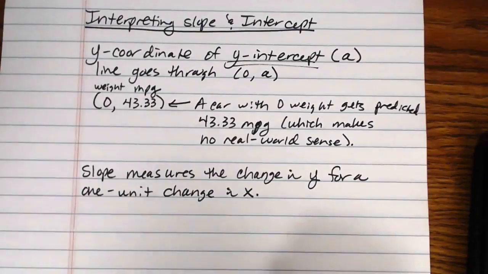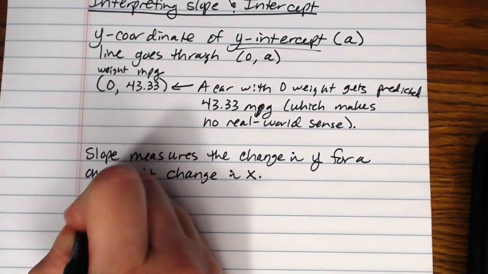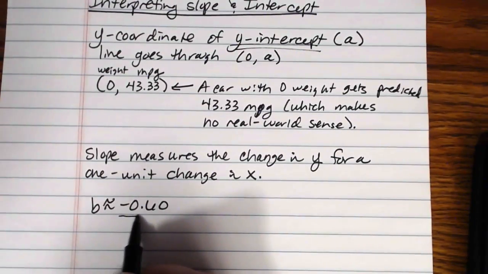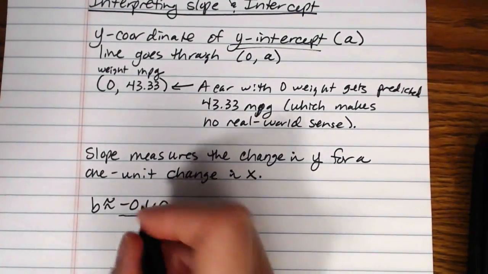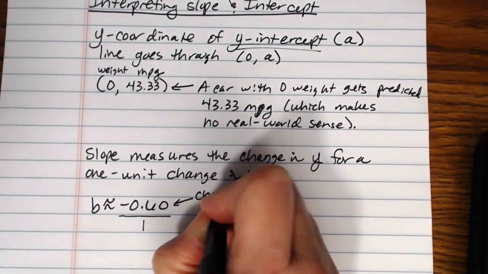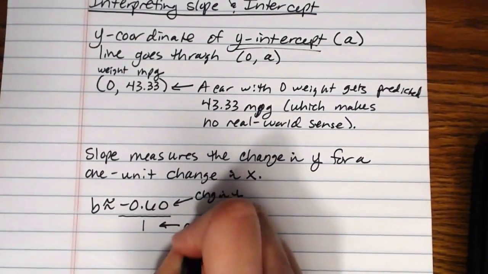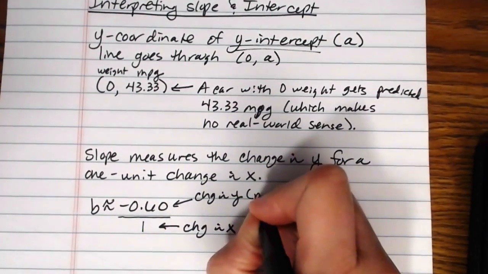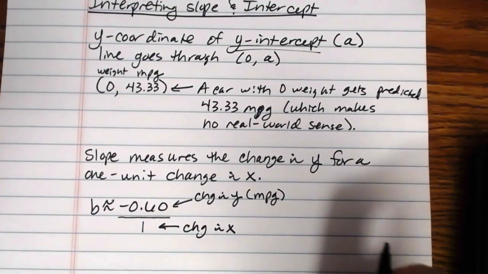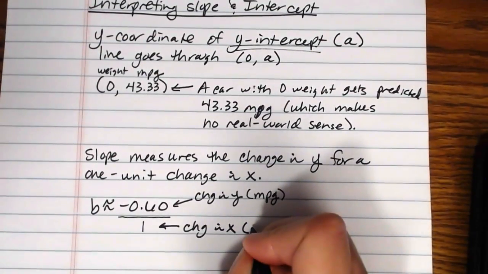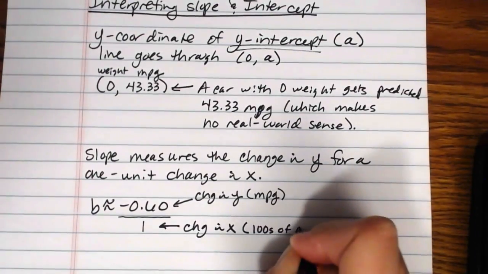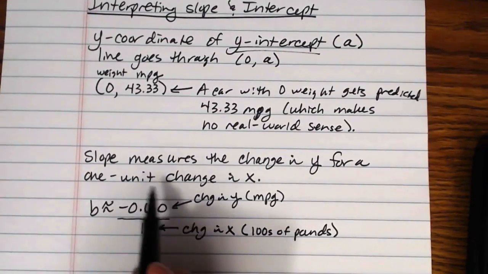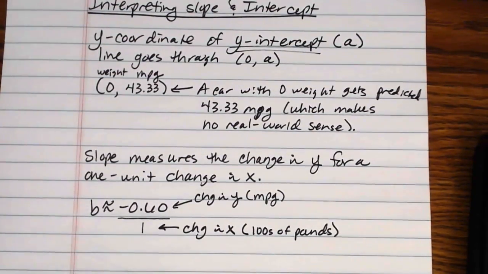In this case, our slope, the b value, was negative 0.60. If it makes you more comfortable, you can put that over 1. The numerator represents the change in y, and the denominator represents the change in x. Since our y variable is predicted miles per gallon here, and our x variable is hundreds of pounds, here's how we would interpret this in the context of this application.